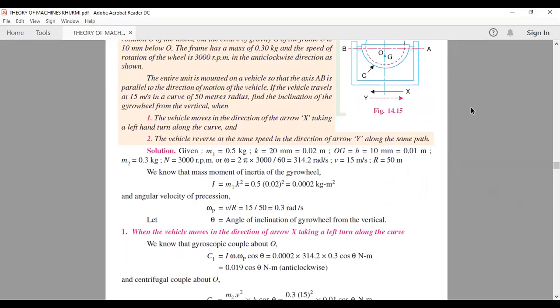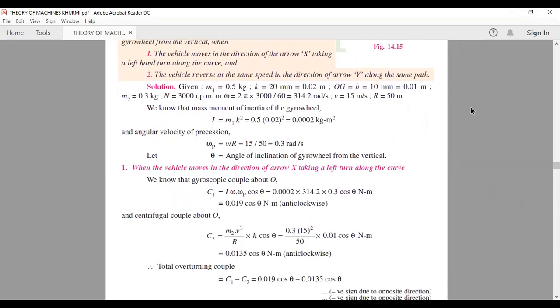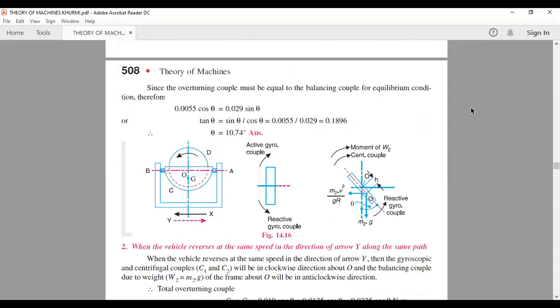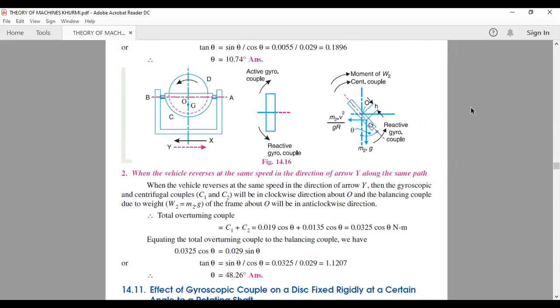These are the derived problems from the textbook. We have seen all these problems in the earlier classes. So by this we can end the first unit. Unit 1 has been completed.